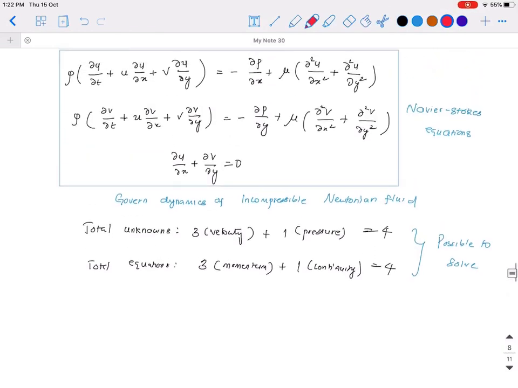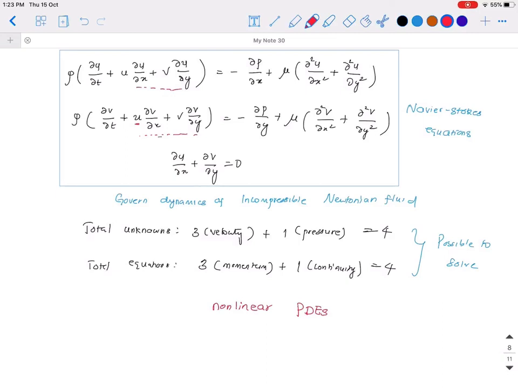The nature of these equations is that they are partial differential equations, non-linear partial differential equations. Which term is non-linear here? The convective part. It is an unknown u multiplied by another unknown, the gradient of the velocity.